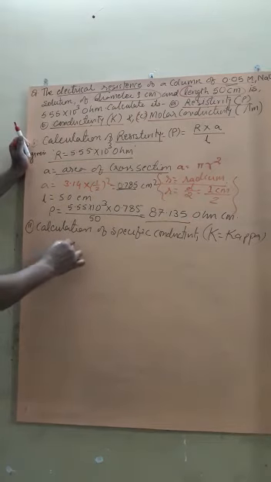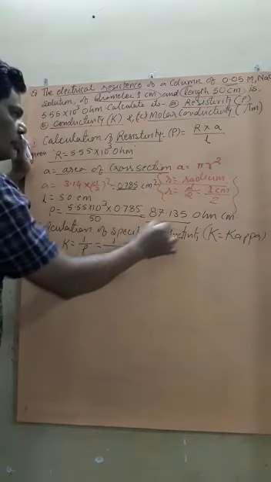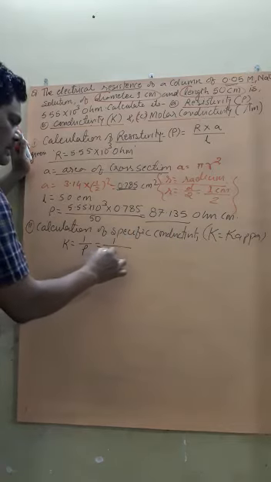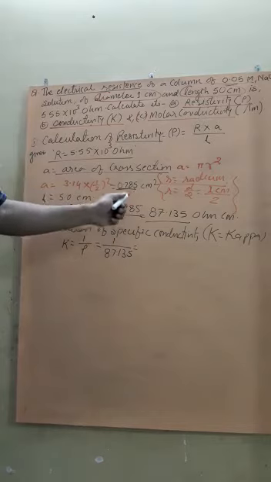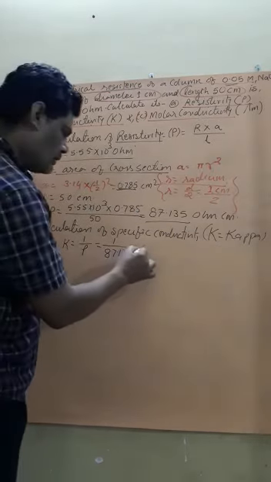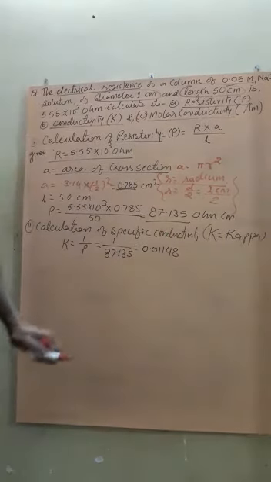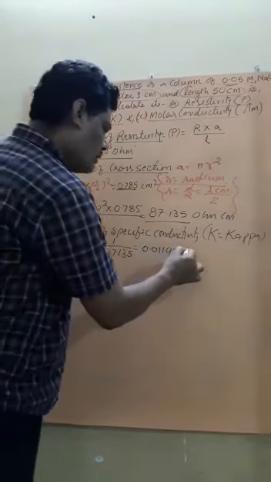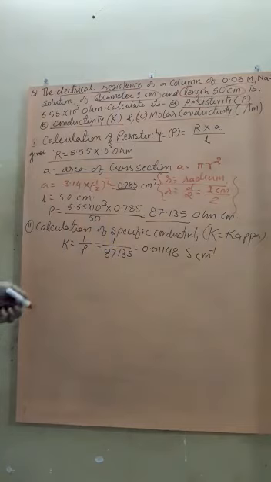Simply, kappa is the reciprocal of rho. So simply place the value 1 upon 87.135. When you solve it, it gives 0.011 Siemens per centimeter. This is the value of conductivity.